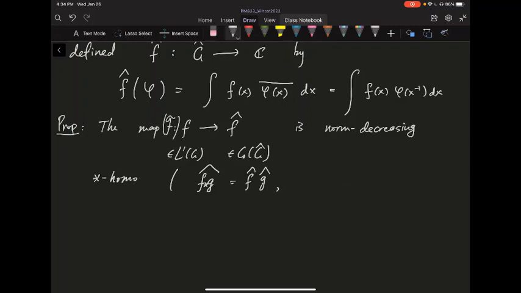All right. And if you do the involution of f, we use the notation f check to denote its involution. So let me just write it down. Recall this is just f of x inverse.